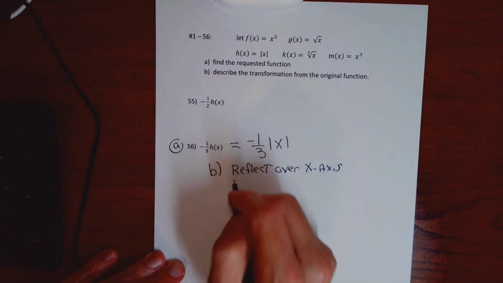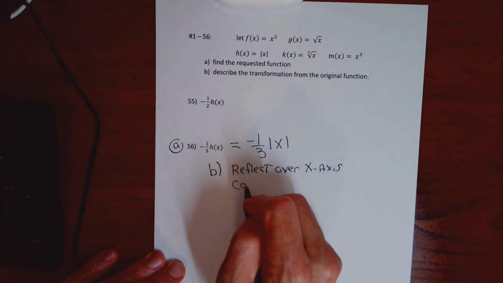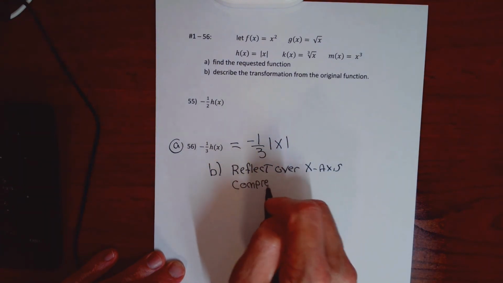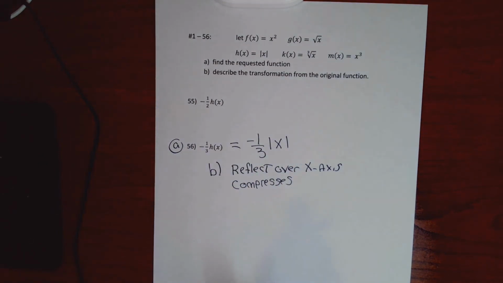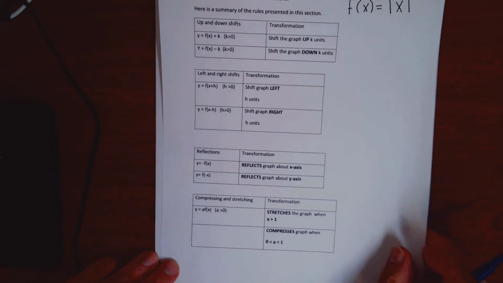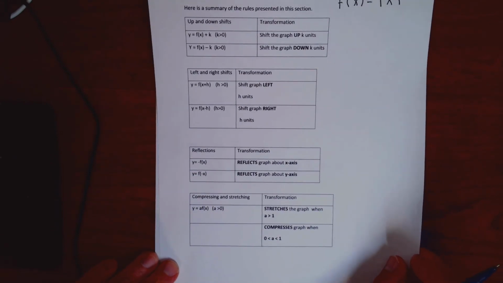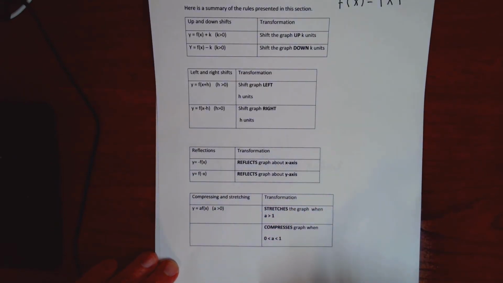And the 1/3, we can say that it compresses it. It looks like it makes it wider for this graph. But it's safer to say compresses and stretching just in case you get into a higher class and you do this. I don't do this in my brief calculus class, but maybe some traditional calculus teachers might do this.